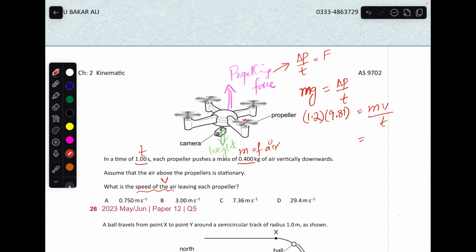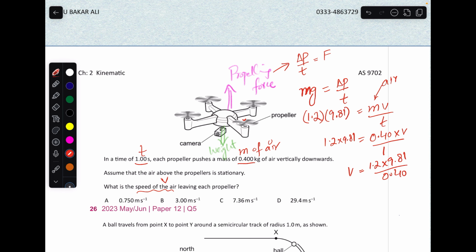This mass will be the mass of air, keep in mind. So this is 0.40 into v, and time is 1 as given, equals 1.2 into 9.81. So V will be equal to 1.2 into 9.81 divided by 0.40.